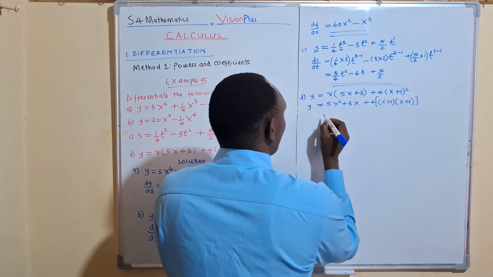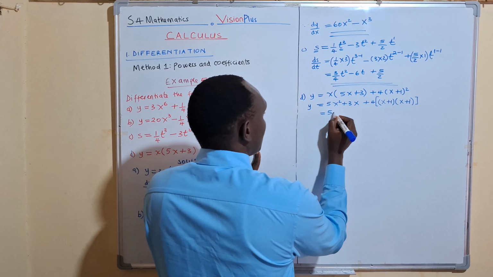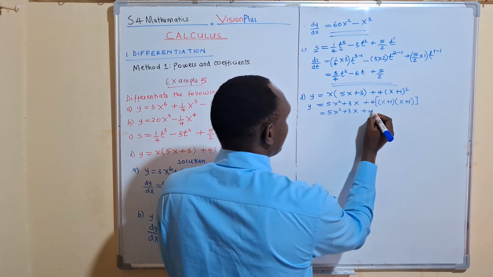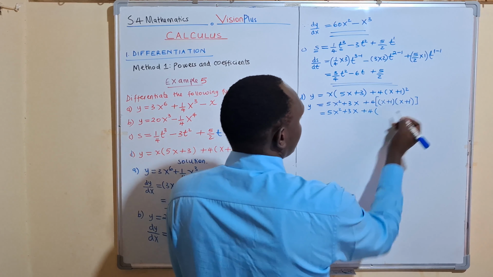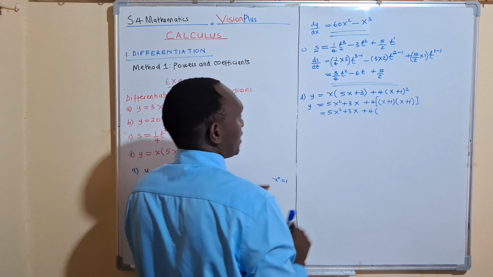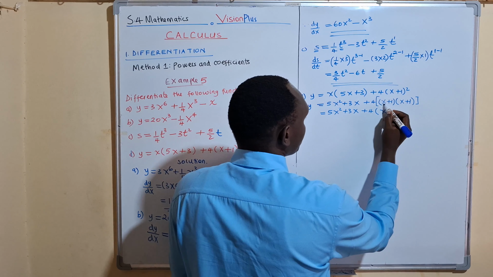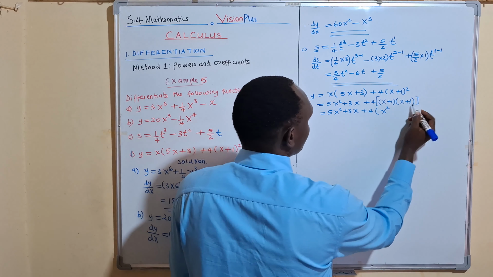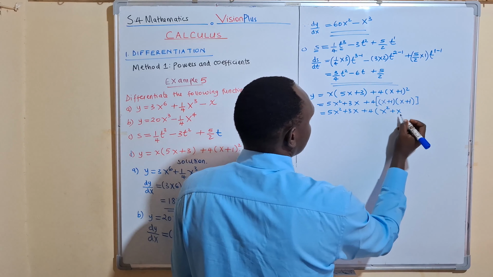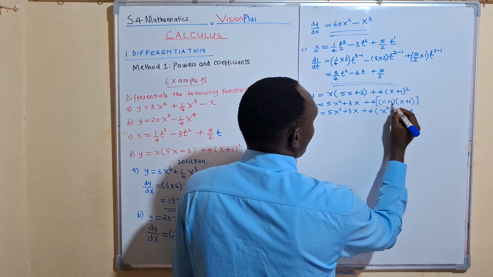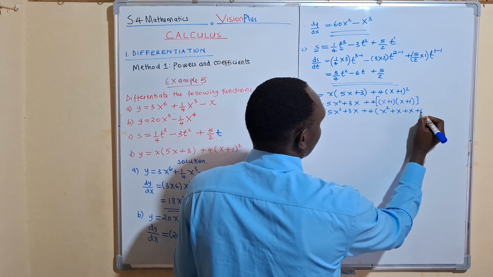Let me keep this side plus 3x plus 4 into. Let us expand x plus 1 times x plus 1. This gives us x squared, because x times x is x squared. X times 1 is x. 1 times x is x. 1 times 1 is 1.